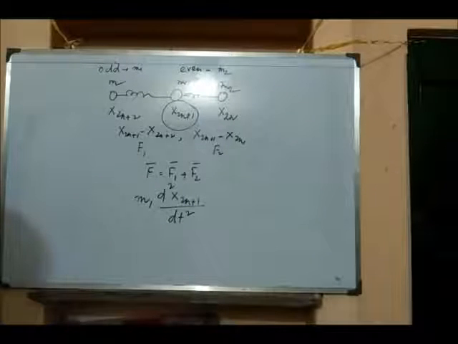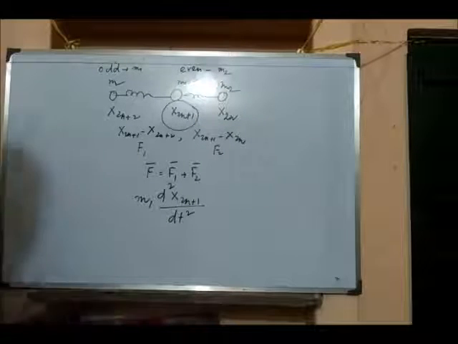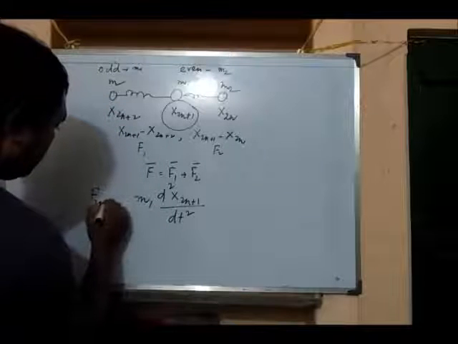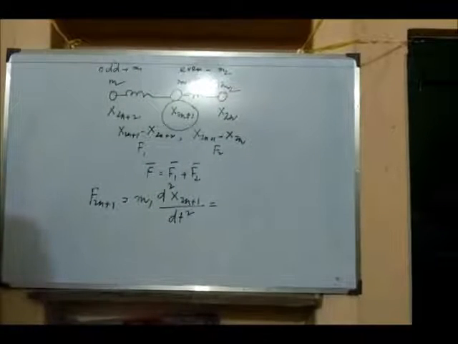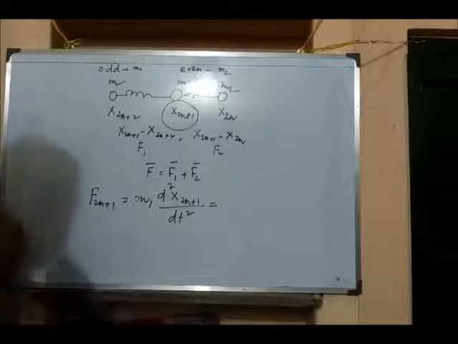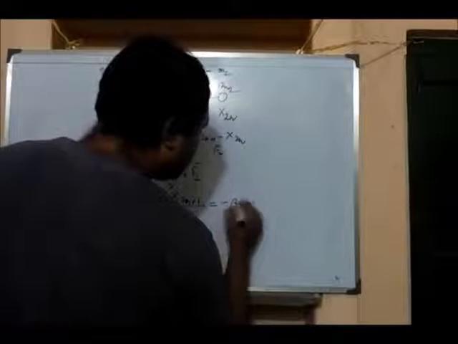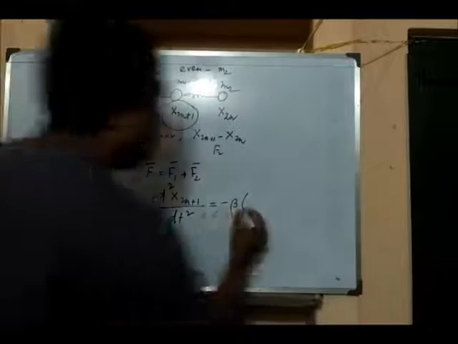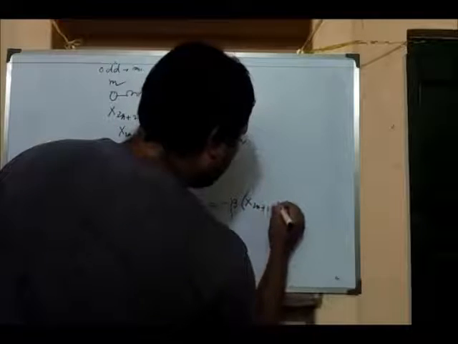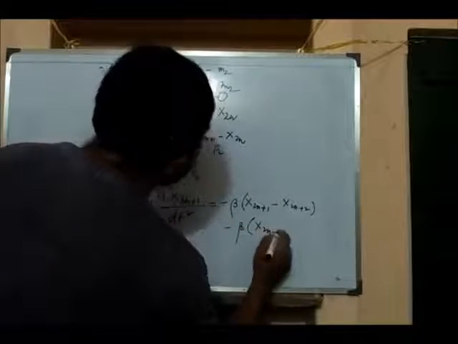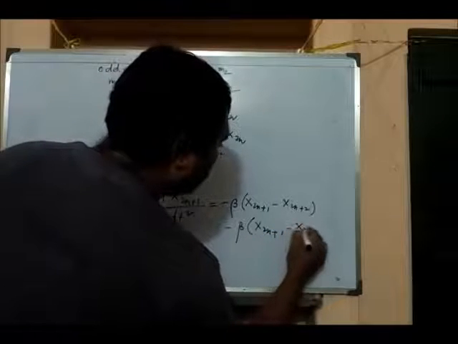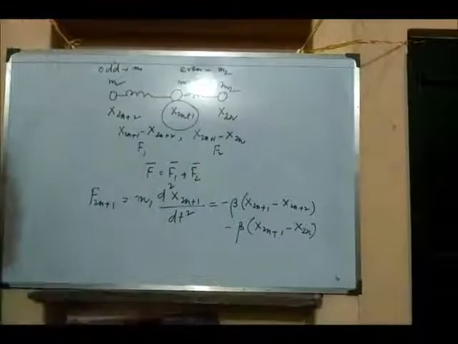So this is the acceleration, and the force on the (2n+1)th atom is basically the relative displacement between two points. Obviously this force is minus spring constant times (x_{2n+1} minus x_{2n+2}) minus beta times (x_{2n+1} minus x_{2n}).